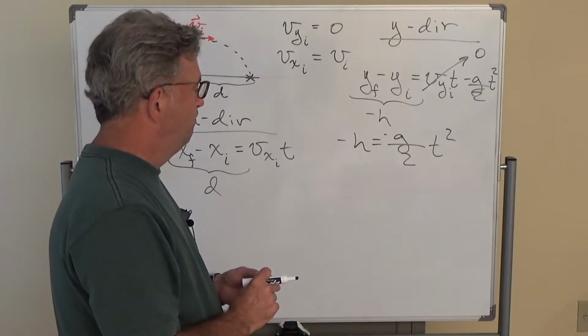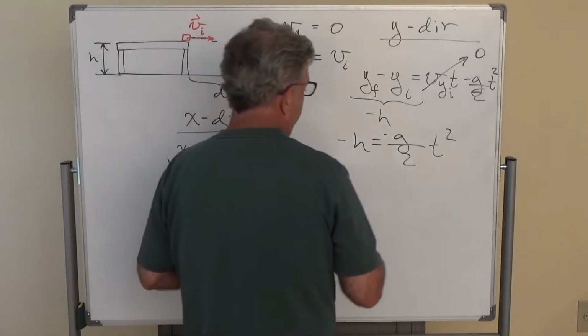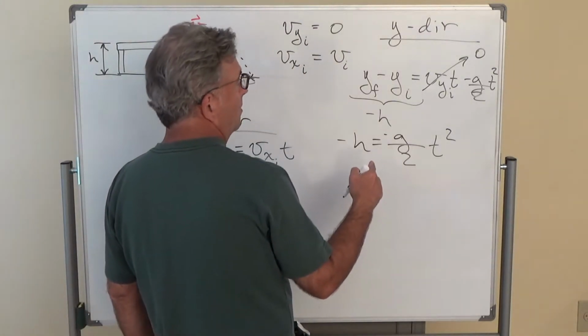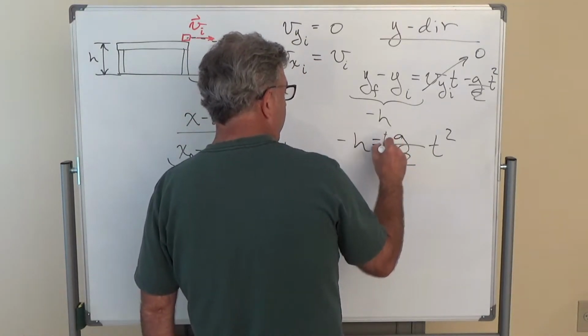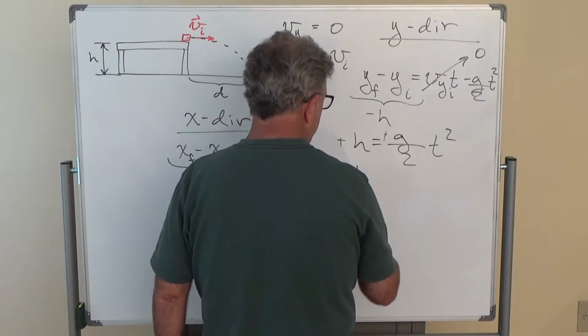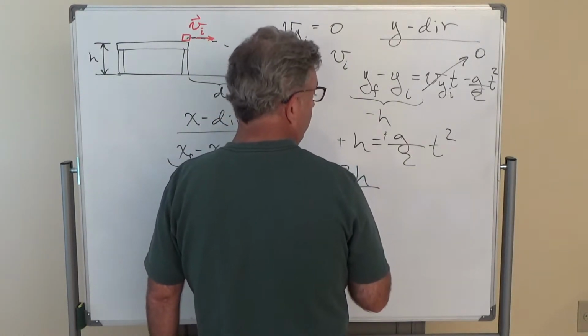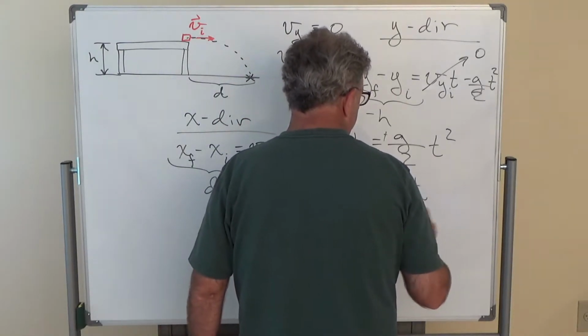These cancel out, and you get the square root of 2h over g is equal to t.